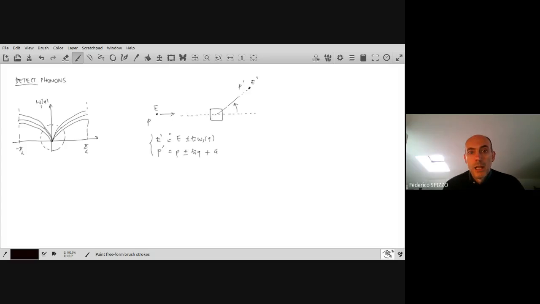So this is, let's say, a general description that is fine for any possible arbitrary probe that you may send into the system and that may interact with the phonons.